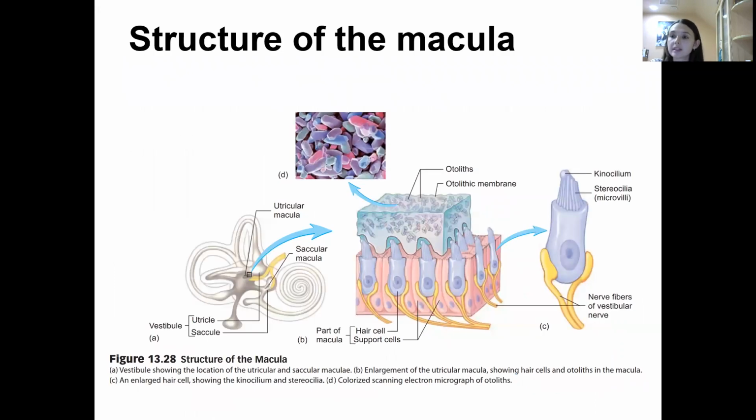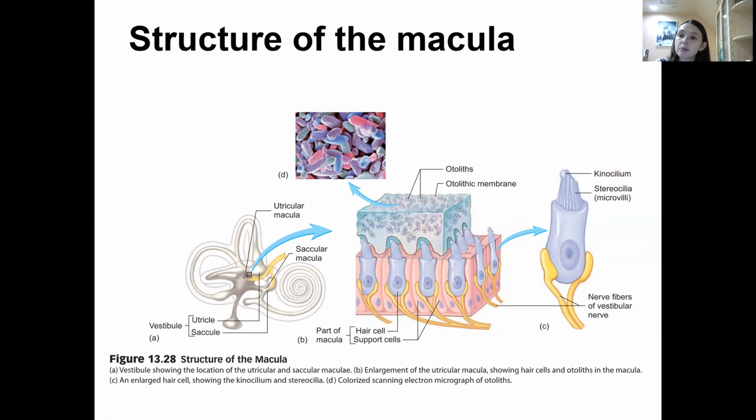So the macula is the structure common to both the saccule and the utricle, and it consists of the hair cells. The hair cells are embedded in the otolithic membrane and, as we discussed, have stereocilia and a kinocilium. The movement of hair cells will be in the direction of the acceleration.